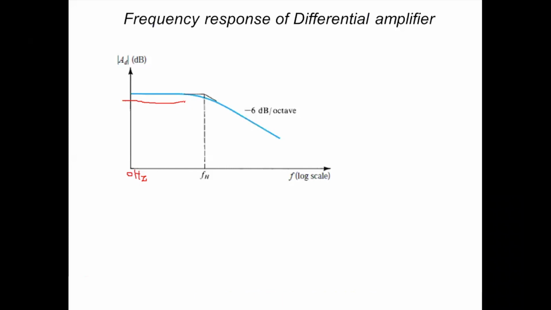The gain drops only at higher frequencies, at the higher cutoff frequency FH. This is the advantage of a differential amplifier. This is because there are no coupling capacitors employed here, so the drop in gain due to coupling capacitors is completely eliminated.